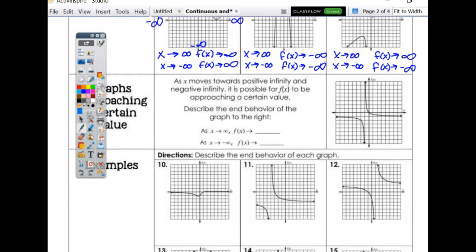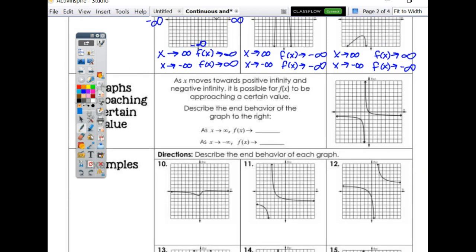It is easy. The only thing that's going to change that is if there's an asymptote, and it has to be a horizontal asymptote this time, because we're looking at what's happening at the y value. So as x goes to infinity, what is happening to my y value? It's not going past the asymptote, is it?